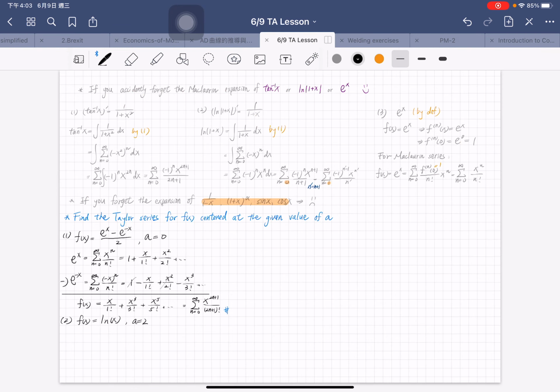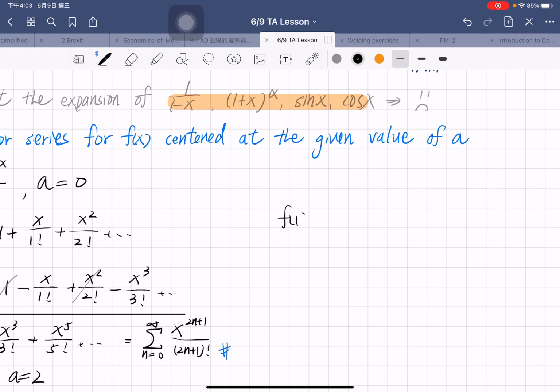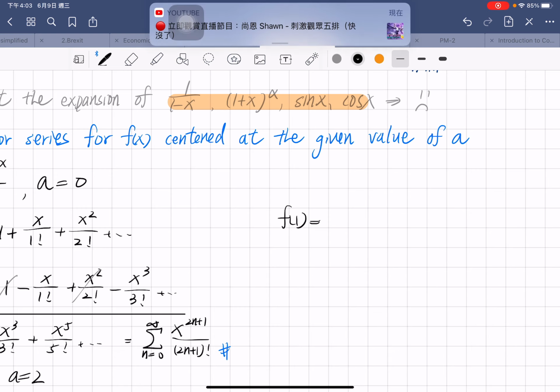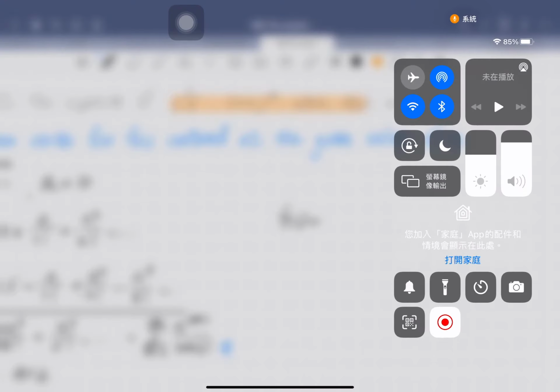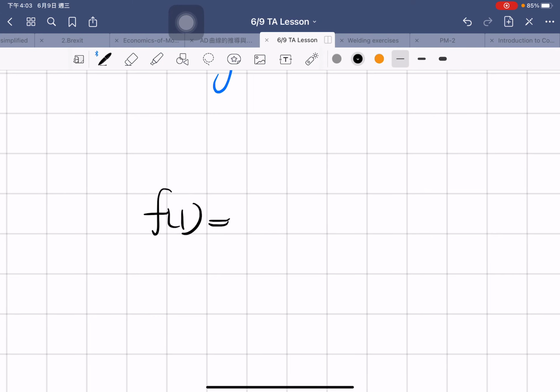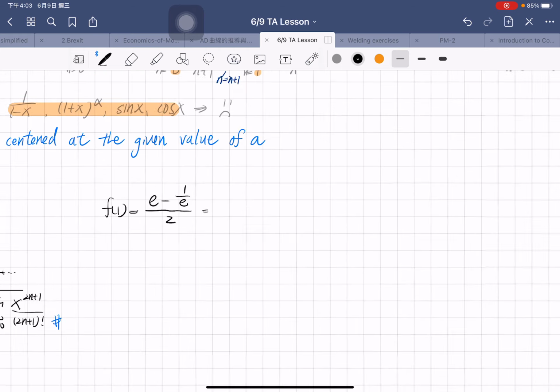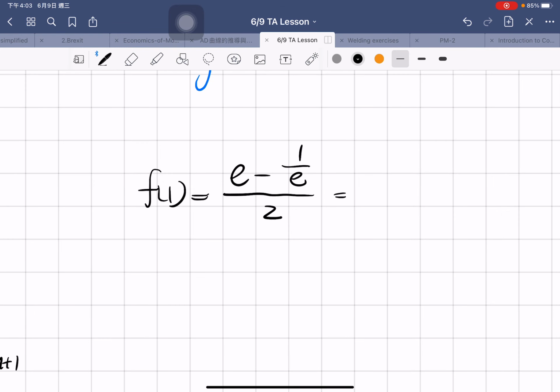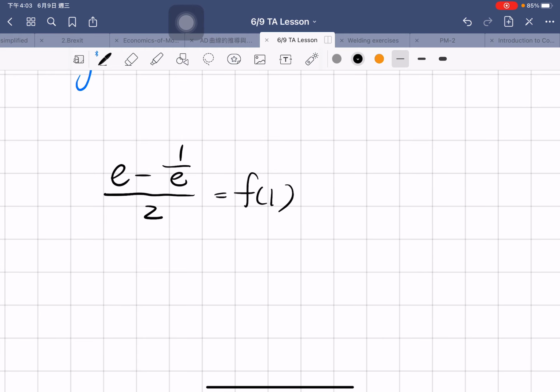And you can apply it when you want to find e minus 1 over e, subtract 2. If you want to find this one, it will be our f of 1.